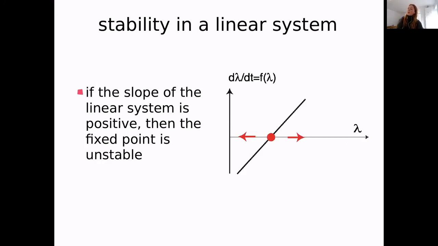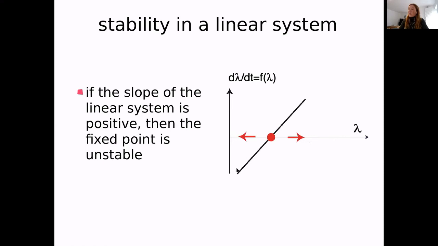Okay, what about a positive slope? Then the linear system is the other way around, and any state that is at the right-hand side of the fixed point now has a positive rate of change. So it's going to be driven to even larger state values, away from the fixed point.